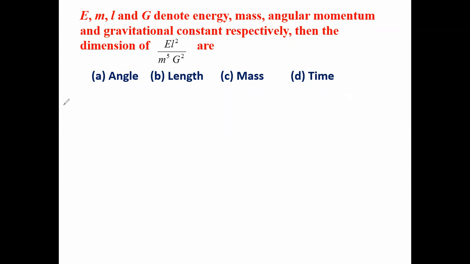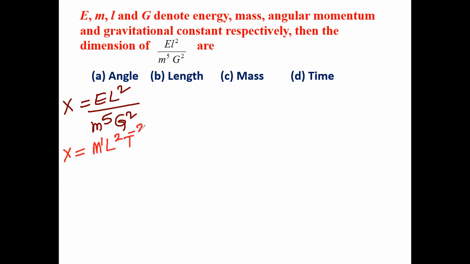Then some x is taken as E L square divided by M^5 G^2. Dimensional formulas: E is M^1 L^2 T^-2, L is M^1 L^2 T^-1, divided by M^5 and G, the universal gravitational constant.